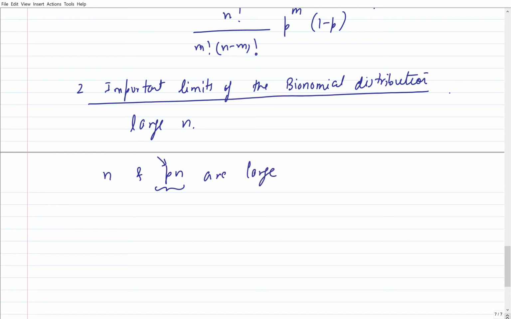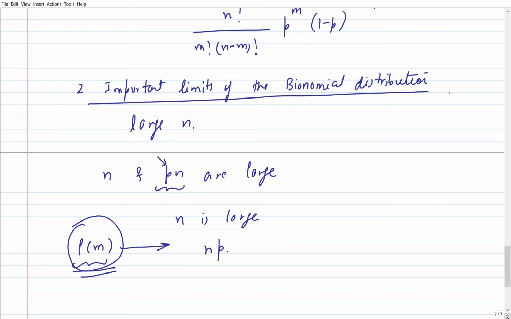So what do you expect when you have, let's say, many coin tosses and n is large? How is the distribution of the probability P of m, the probability of m successes, going to look? Intuitively, you can think that it should be maximized somewhere near n times p, the probability of success in one trial times n.